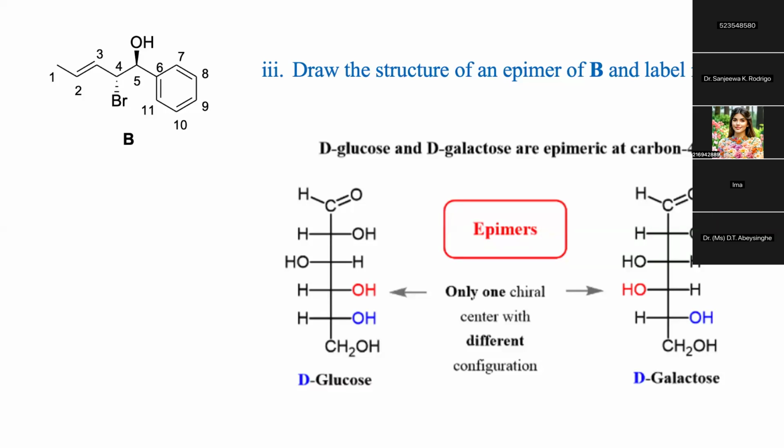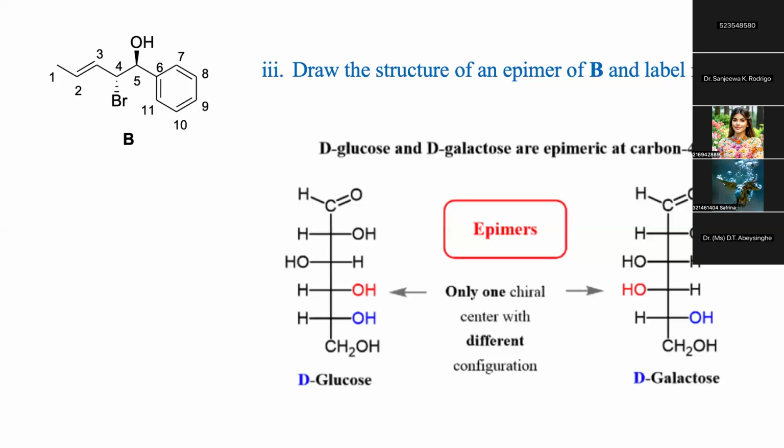Right. So epimers are for molecules, chemicals with more than one stereocenter, or several stereocenters. When only one chiral center is changing between the two compounds, then their relationship is epimers.